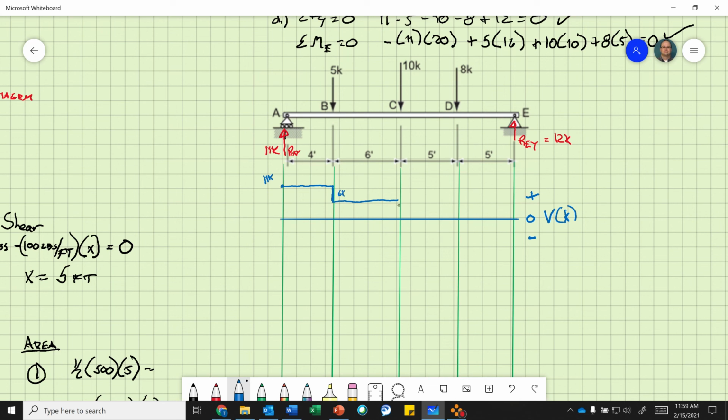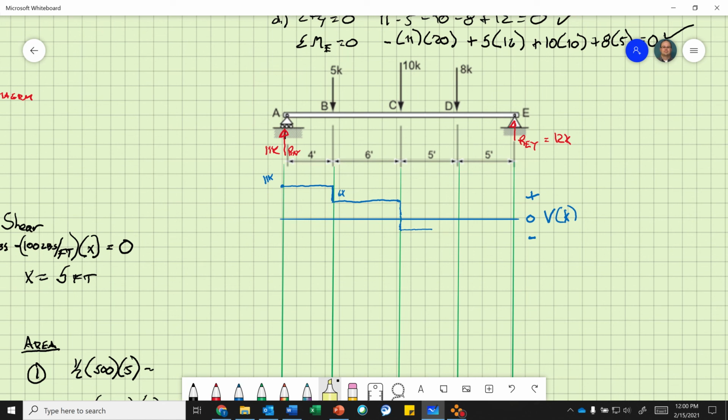Okay, now we're at 6 kips minus 10. We got to go down 4 kips. Okay. All right. So 6 kips minus 10 is -2... I mean -4 kips. So I got to go below. Now we just crossed the 0 line.